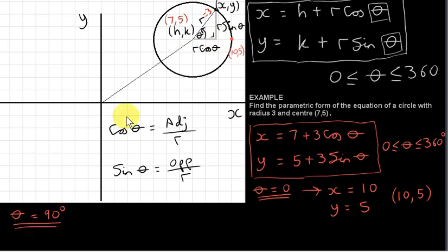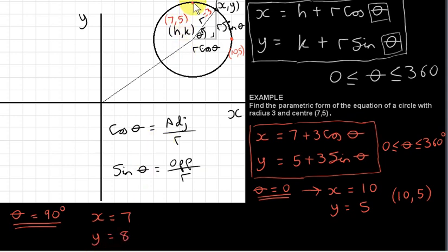Let's take theta equal to 90 degrees. That should give us the coordinates of the top or highest point of the circle. The cos of 90 is 0, so we have 7 plus 3 times 0, which is 7. The sine of 90 is 1, so we get y equals 5 plus 3 times 1, which is 8.